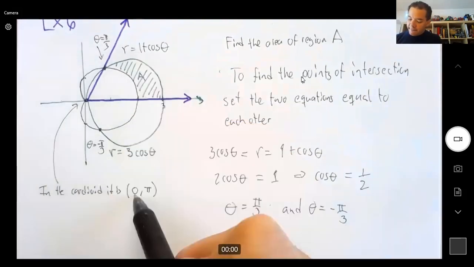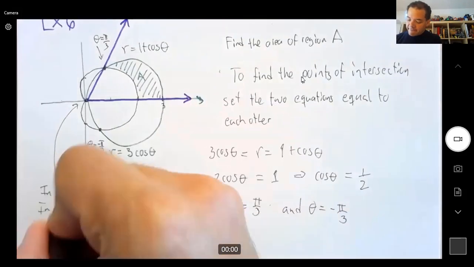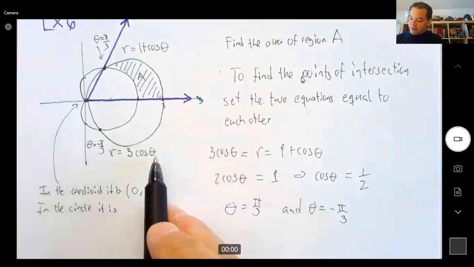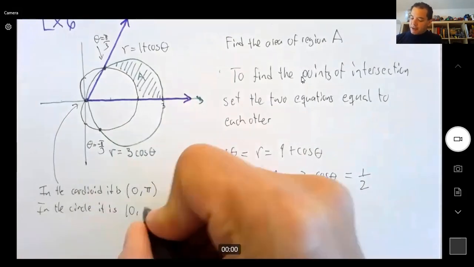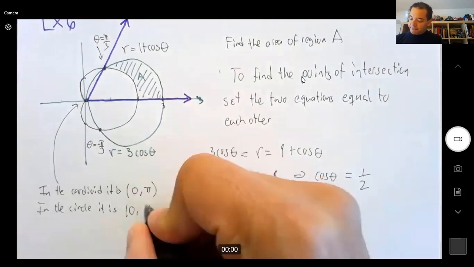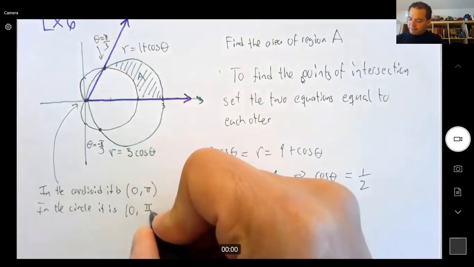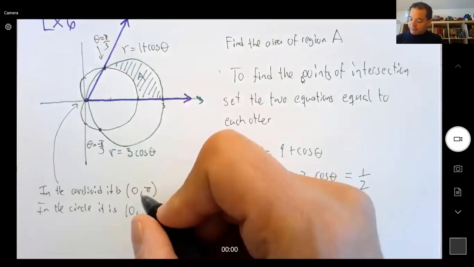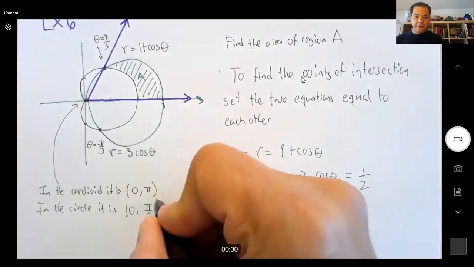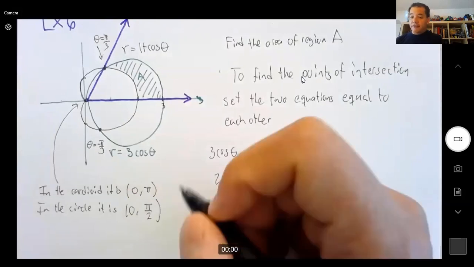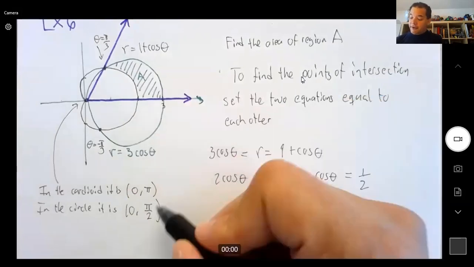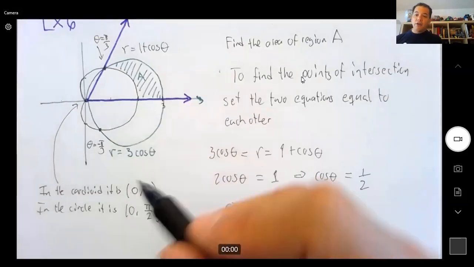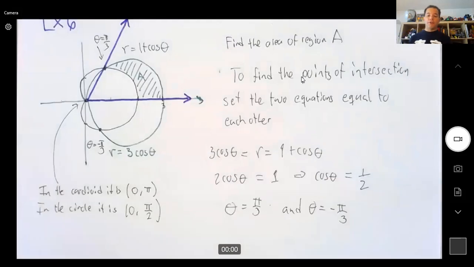But in the circle, it is a point with coordinates 0, comma, pi over 2, right? And so you see the thetas don't match. It's not the same theta that gives the same r. And that only happens for 0, but that's one possible difficulty.